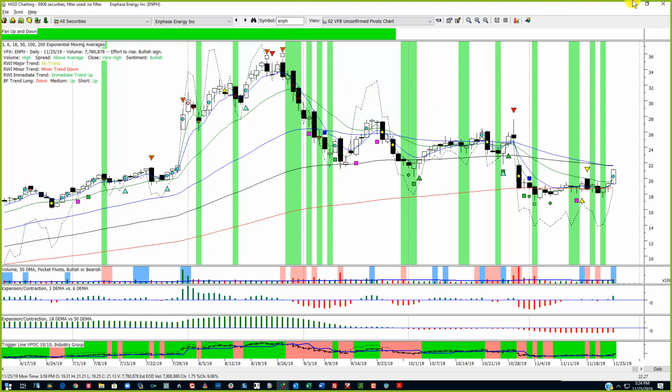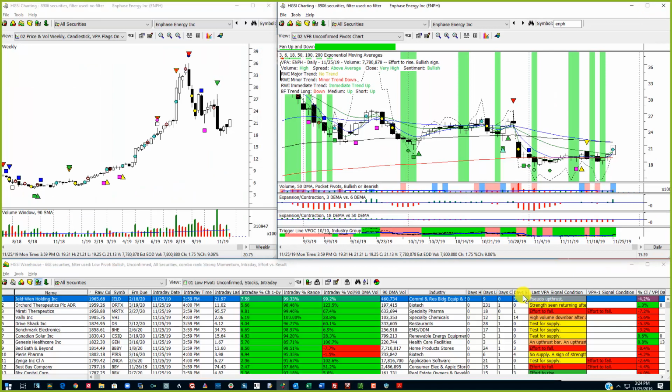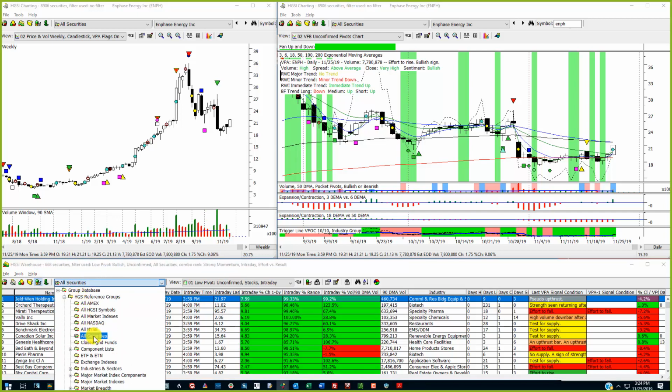Okay, what I want to do now is, the time goes so quickly. If you like this low pivot technique, and you want to go from the top down, or before I go to the groups, if you want to go where the active stocks are, you can just do this on not all NASDAQ.